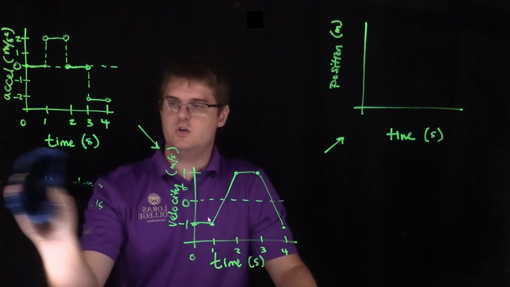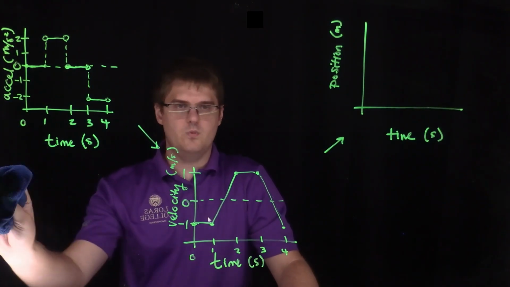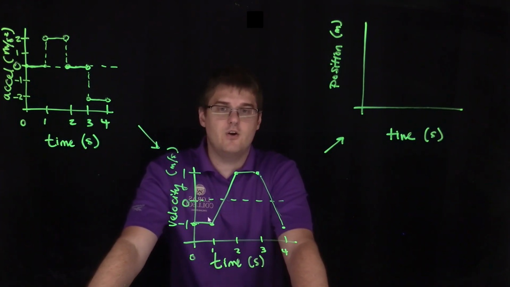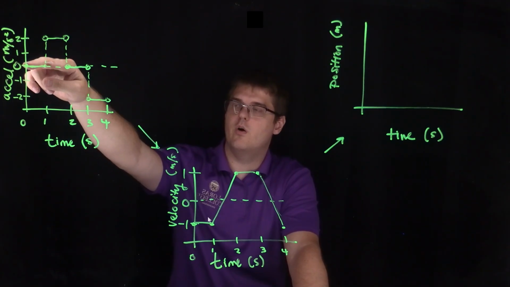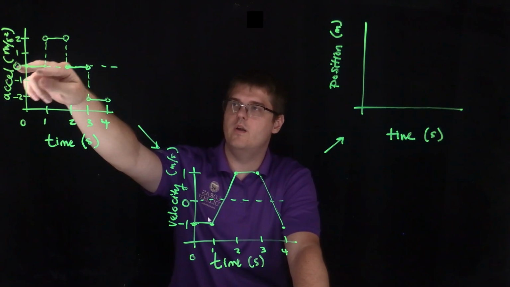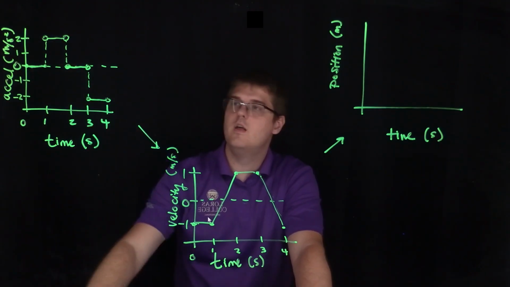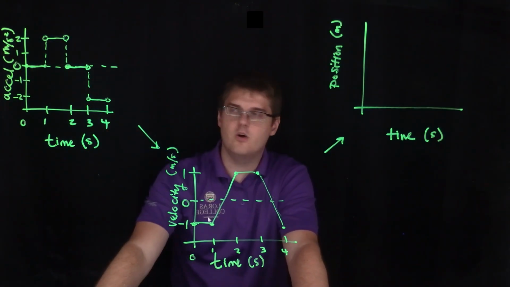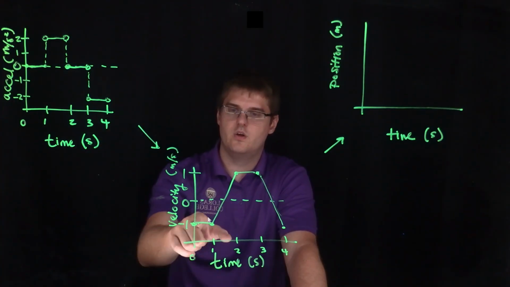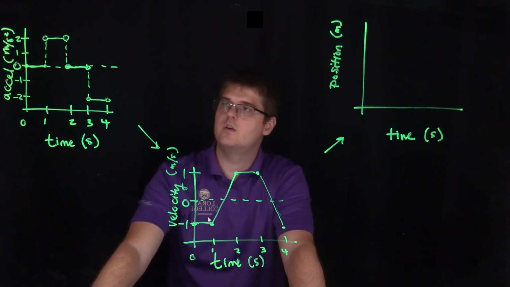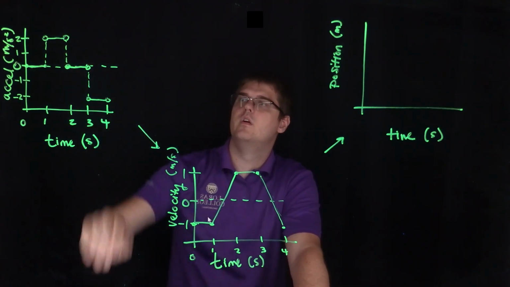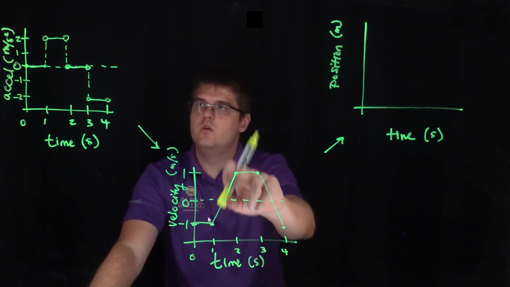Now again, just like with our position ones, we can do this very easily by just looking at the area under the curve. So we have 0 from 0 to 1. So we've got a slope of 0 because there's no change. We have no change here. We have an increase of 2.